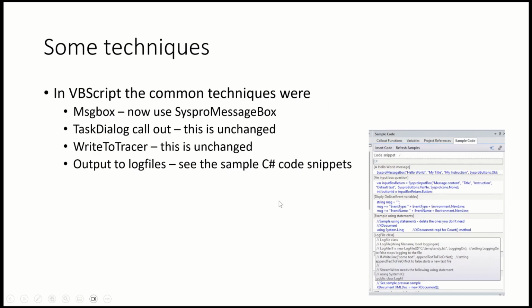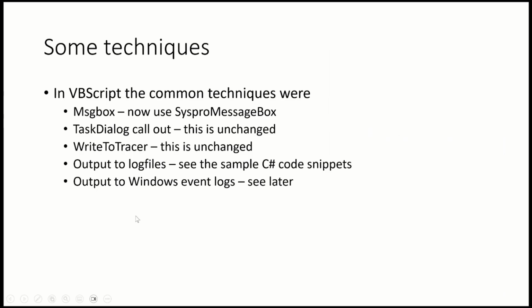Finally, one of the other useful things to do when you're creating fairly large applications is to put things into the Windows event logs, and we'll have a look at this later. I can use this as an example of showing you how you can use something like Microsoft Copilot to generate C# code. So these are some of the standard techniques that one uses, and they simply transfer through to C#.